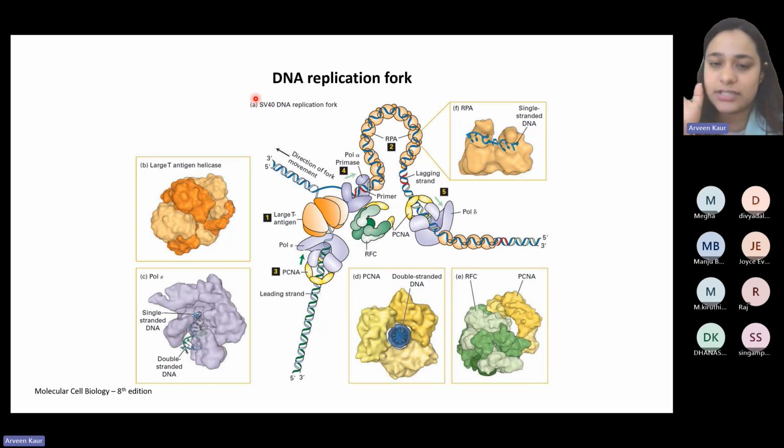So we are looking at its replication fork. It is a eukaryotic DNA replication fork. So as we talked about, eukaryotes have three major polymerases that are present, right? Polymerase alpha, polymerase delta, and polymerase epsilon.